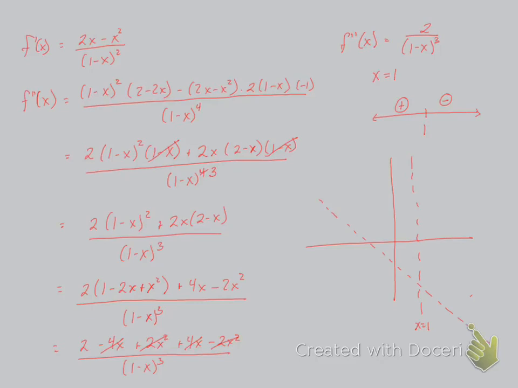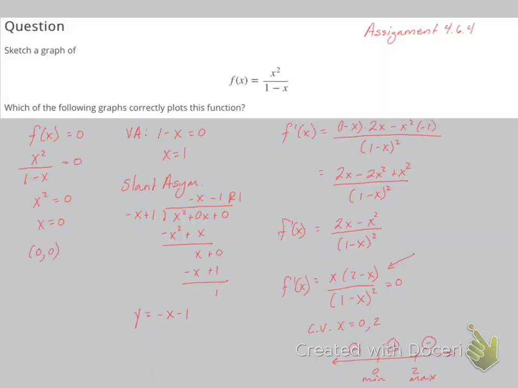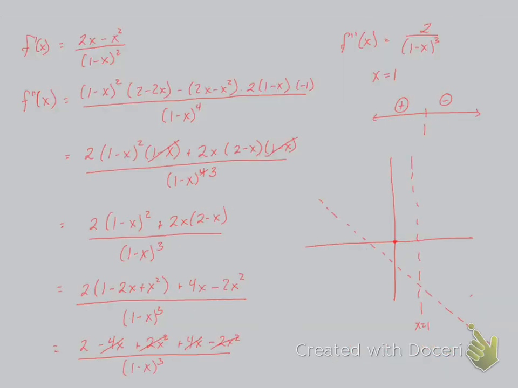I had an intercept at 0, 0. Looking back at down here, I had a relative minimum at 0 and a relative maximum at 2.